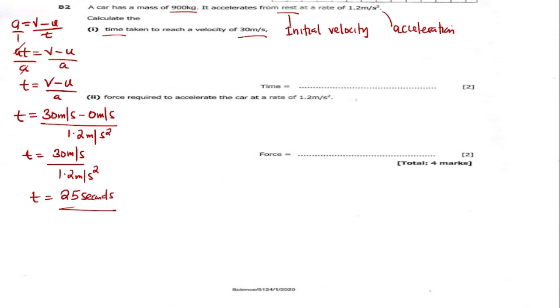Then if you look at part 2, we are told about the force required to accelerate the car at a rate of 1.2 meters per second squared. Now our force is equal to mass multiplied by acceleration.